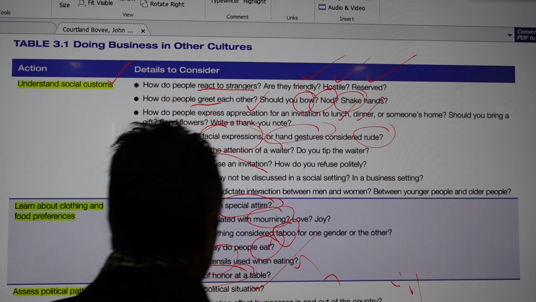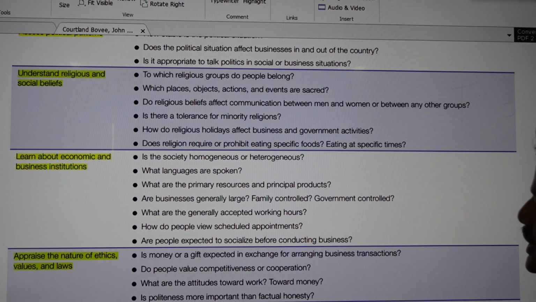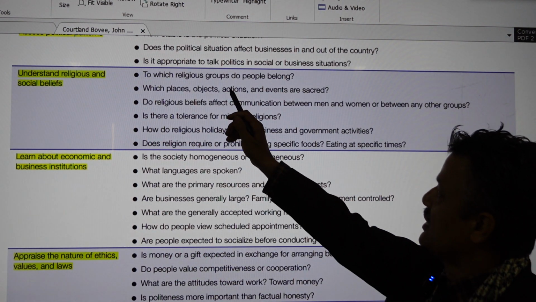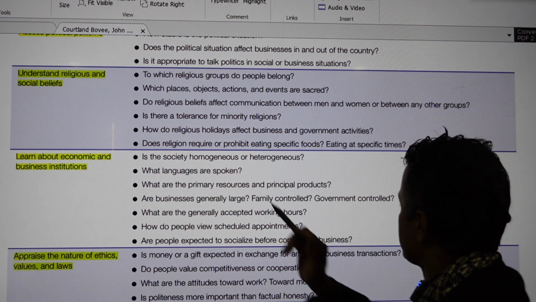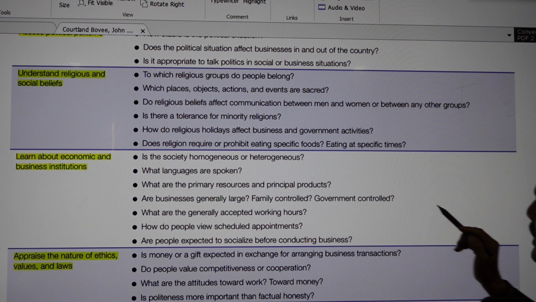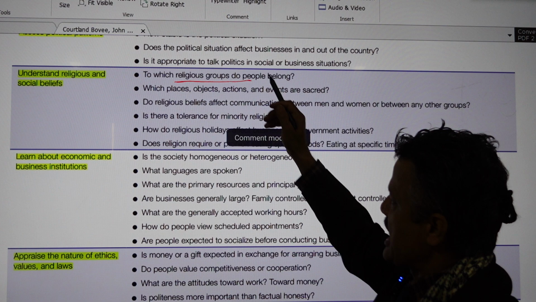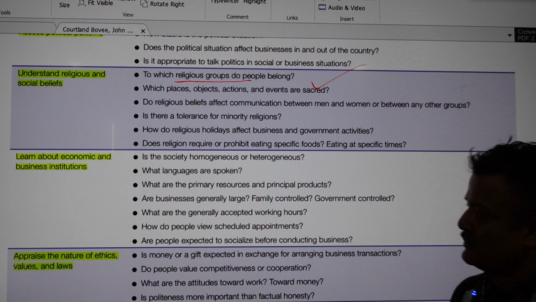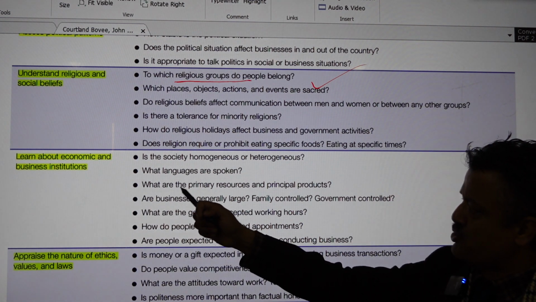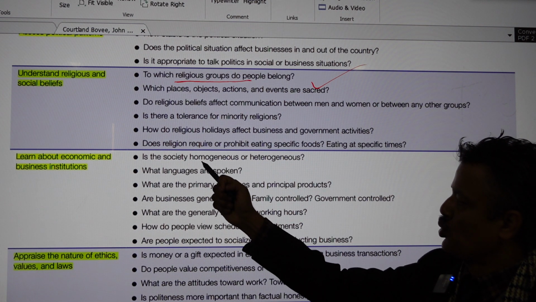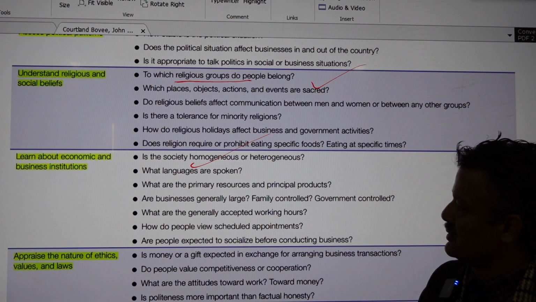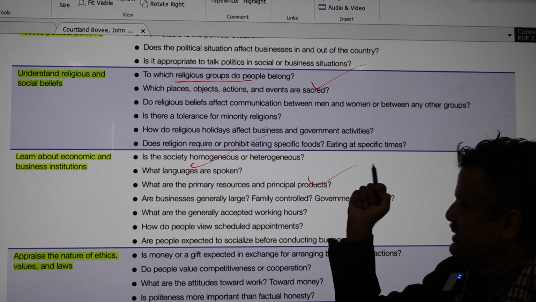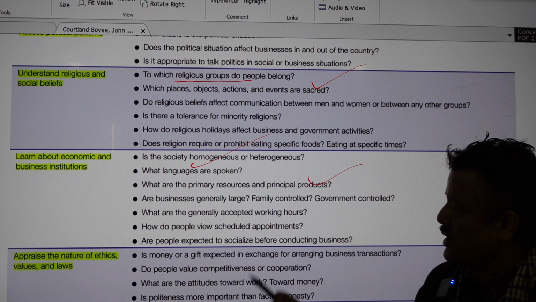Not only that, understanding religion. What is the religion group you belong to? Are they friendly? Are they hostile to your religion? What is pure and impure? Economic and business institution. What language is spoken? What products are sold and bought? What business is done?